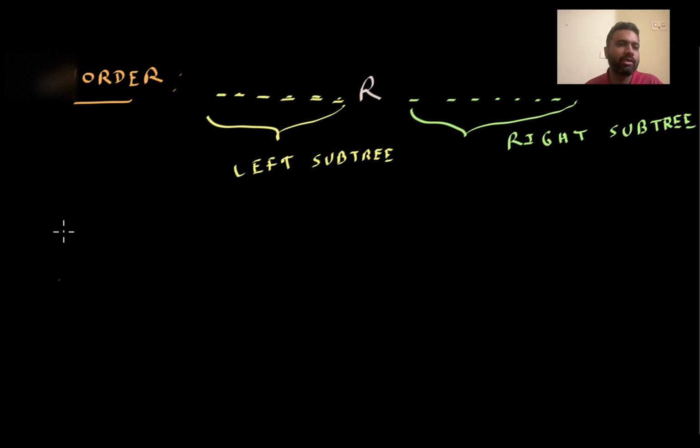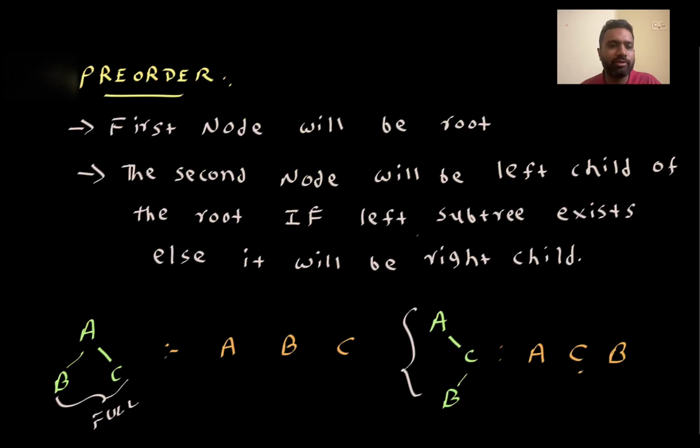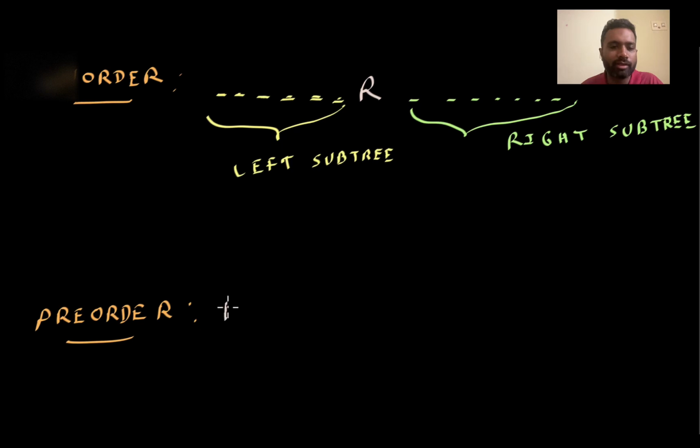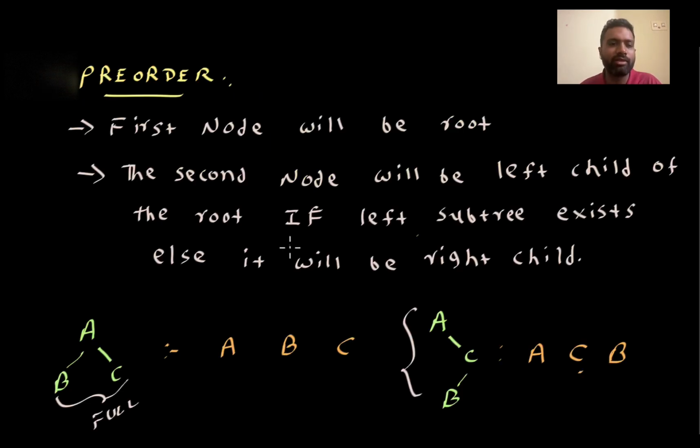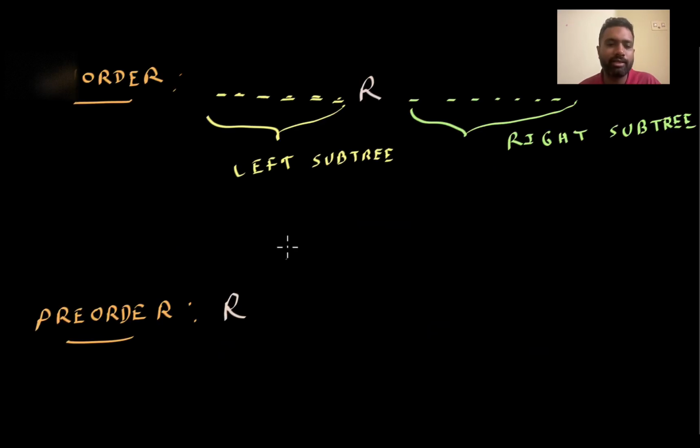Now for a preorder, what is the property that we have observed? For a preorder, first will be the root. In this condition the first node will be the root. Then the second node will be the left child, and the second sequence of nodes will be the left subtree.